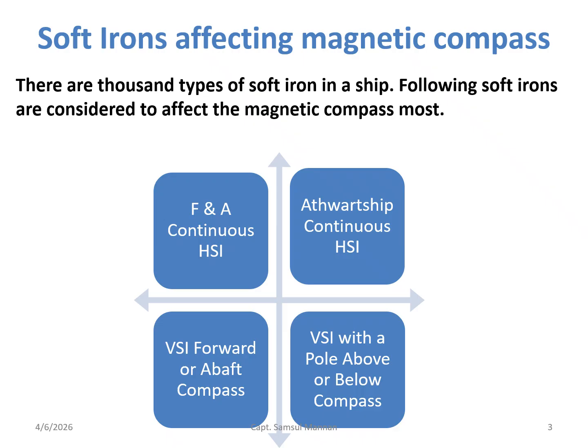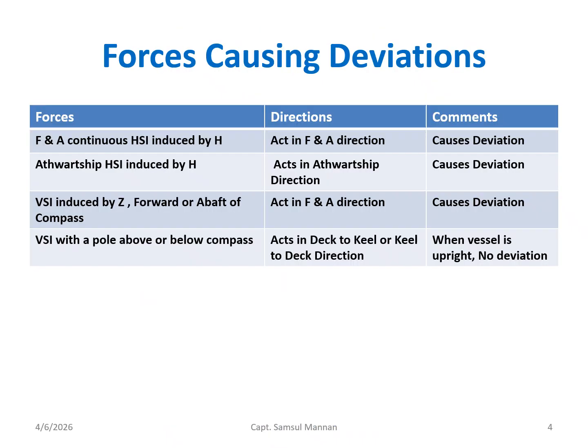Among those soft irons, the most important are fore and aft continuous HSI, athwartship continuous HSI, VSI forward or above the compass, and VSI with the pole above or below the compass. We already know from the previous slides that fore and aft continuous HSI, induced by H, acts in the forward and aft direction and causes some deviation.